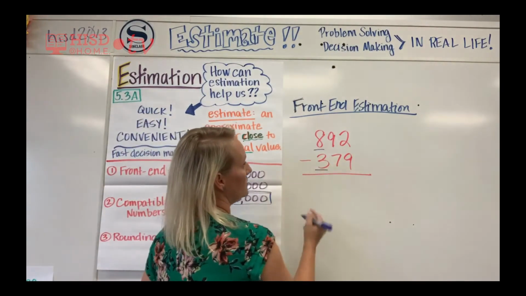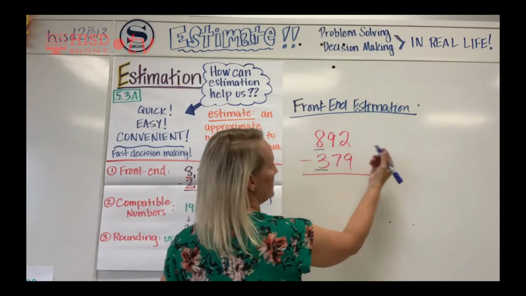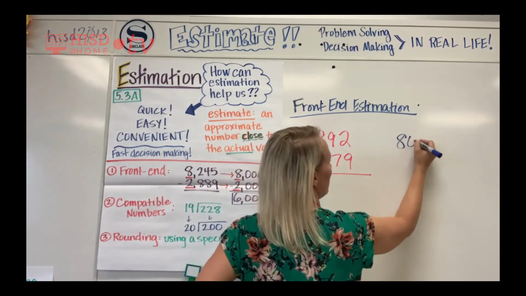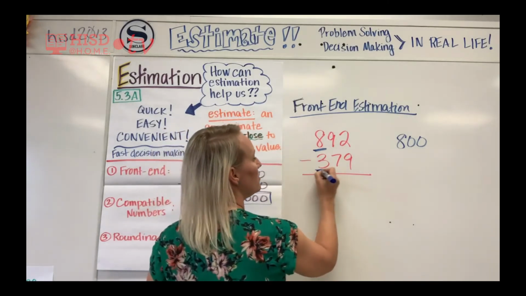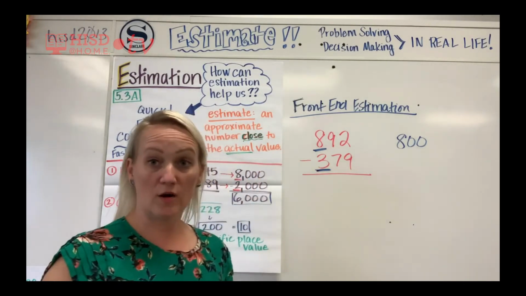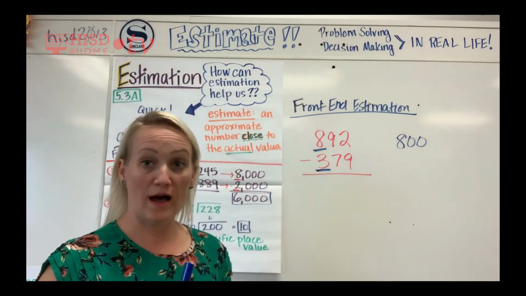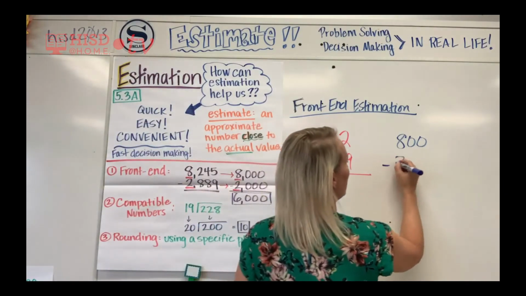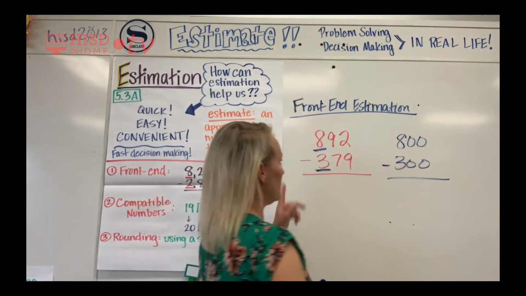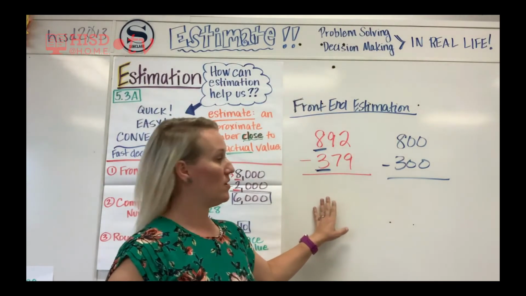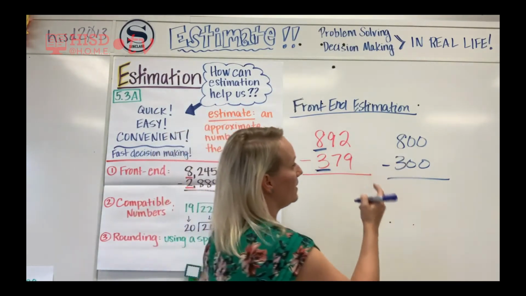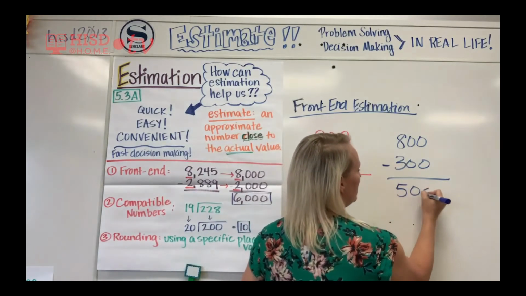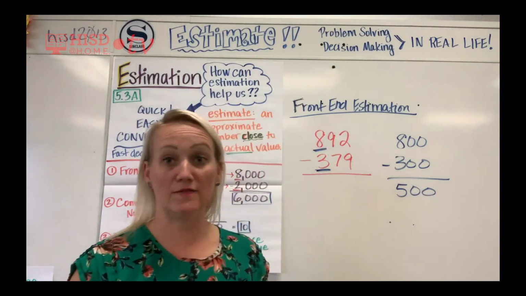So instead of 892, I just have 800, and instead of 379, I only care about the front number, so I will have 300. I rewrote this problem using only the front number, and 800 minus 300 is 500. So my estimate is 500.